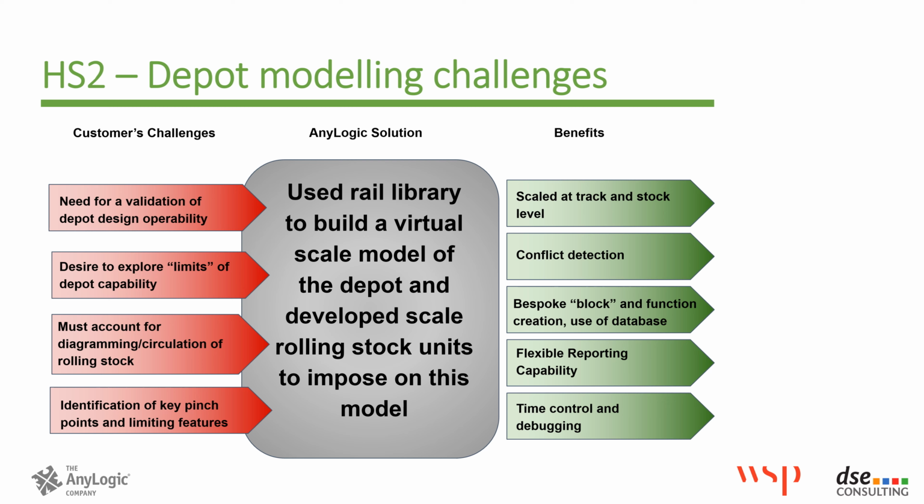What was also good was the fact that you could run models at high speed. You can change the time of the model, the refresh rate, so you can run through a whole day in a matter of minutes. This was also very useful for debugging purposes.